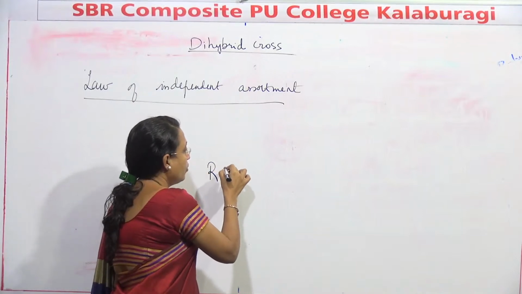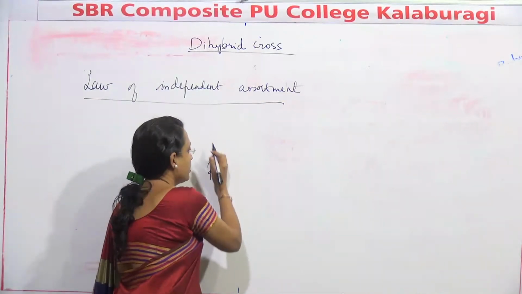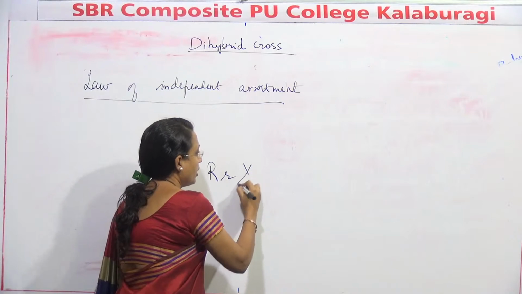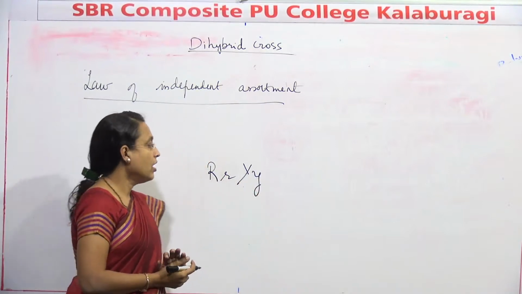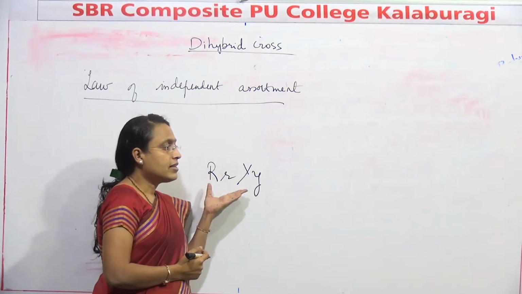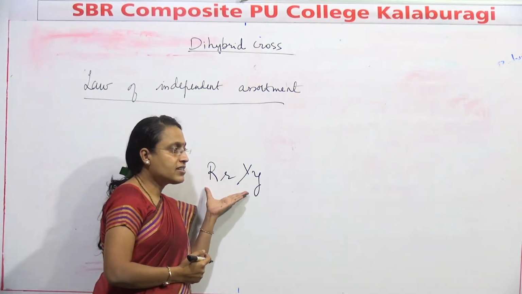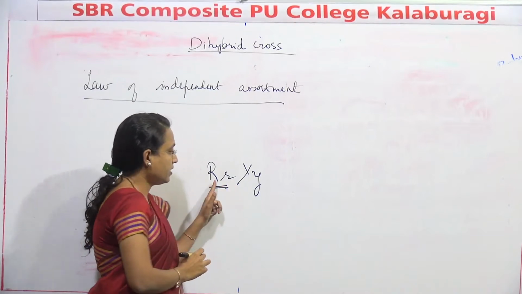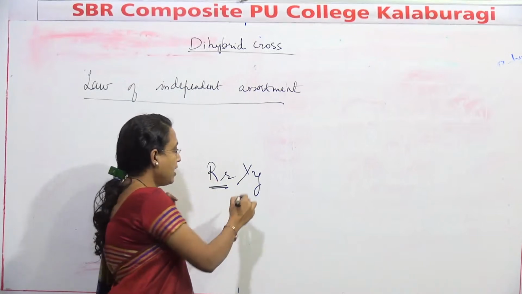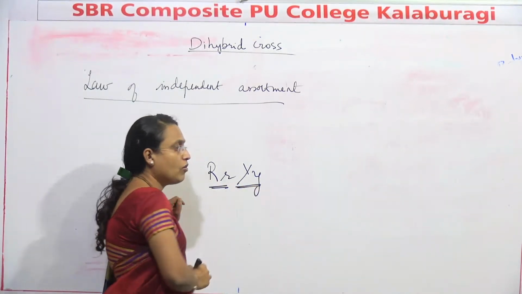Suppose this is the genotype. Where did you observe this genotype? In the F1 generation. So what the law of independent assortment states is, this is one pair of traits, and this is another pair of traits.